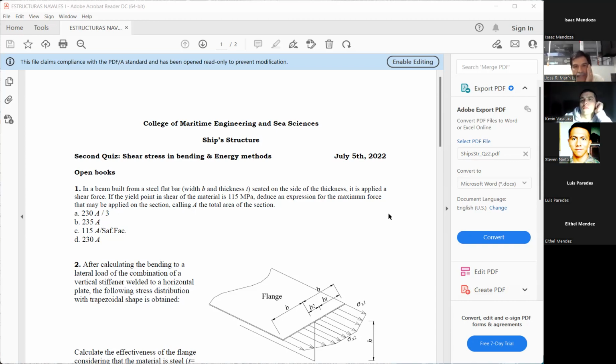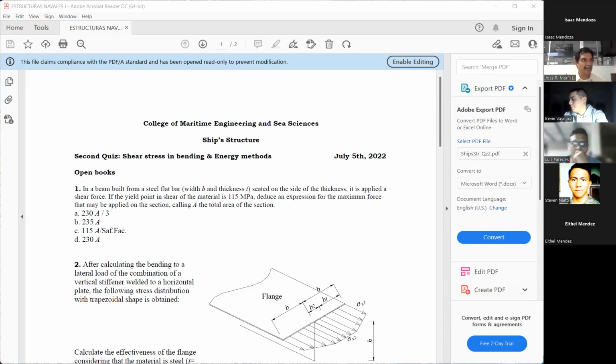What's the translation for flat bar, Mr. Nieto? Do you remember the translation in Spanish for flat bar? Would you please turn on your cameras if possible, people? Because for this part, I would like to do some interaction. I would like to see who I am talking to. Mr. Nieto, do you remember the translation for flat bar?